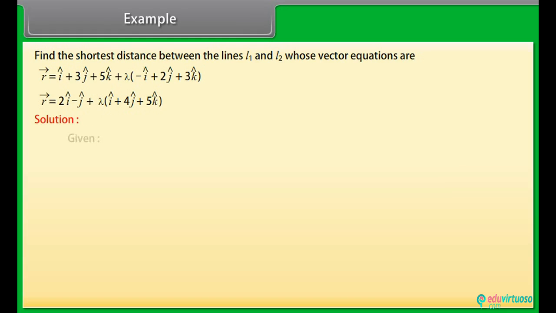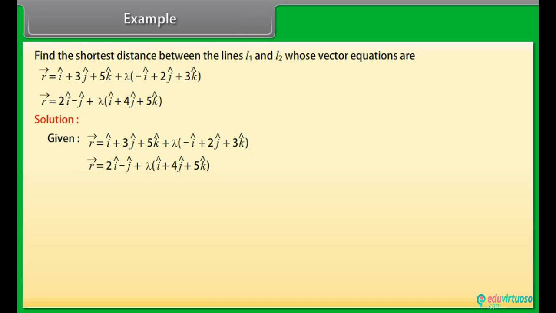Solution. Given vector r equals cap i plus 3 cap j plus 5 cap k plus lambda into minus cap i plus 2 cap j plus 3 cap k, vector r equals 2 cap i minus cap j plus mu into cap i plus 4 cap j plus 5 cap k.